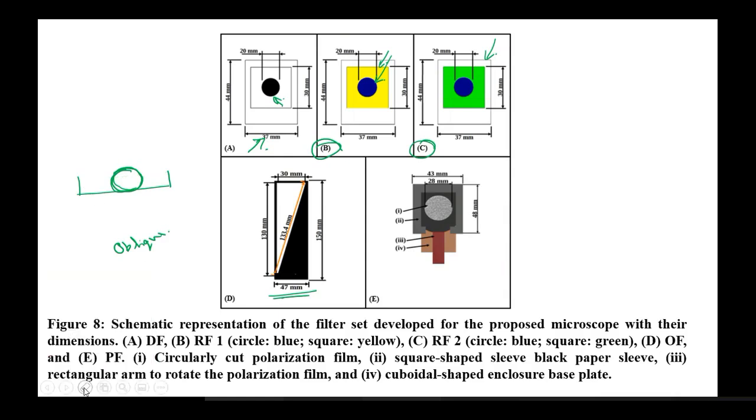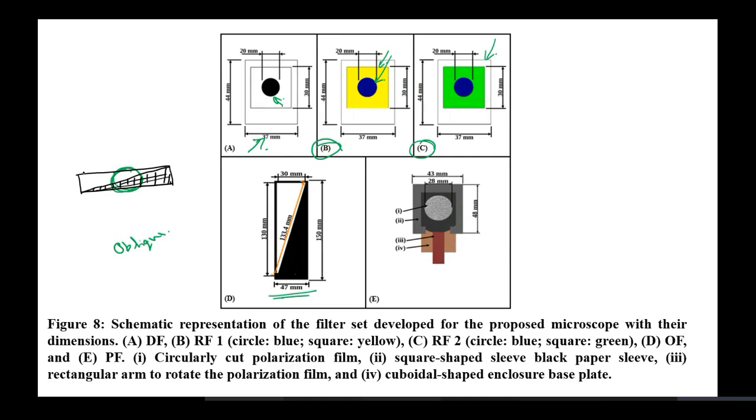Okay, let me use the black color. Now see, it is a rectangular part. So this is the darkened part and this is the open part.